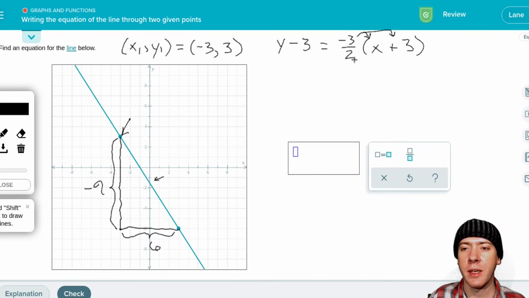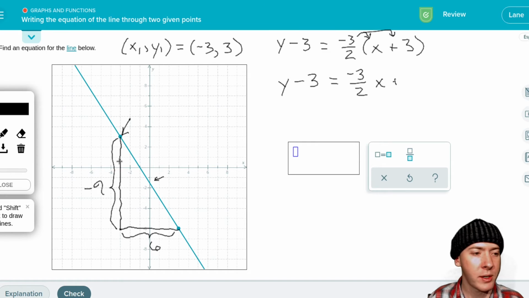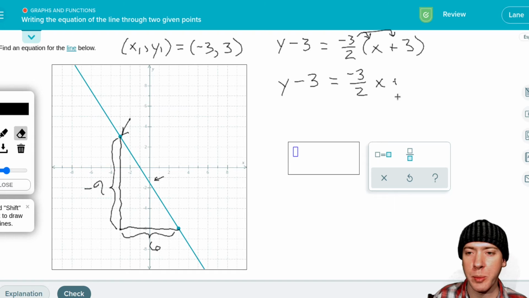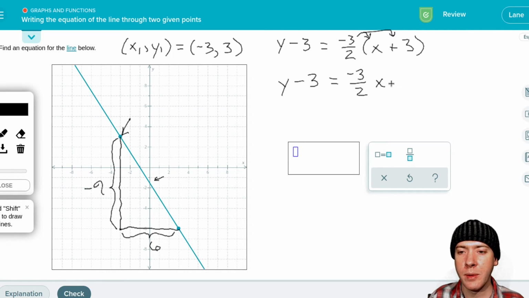So we're going to multiply that -3/2 by the x and the 3. On the left-hand side, we'll just have y minus 3. On the right, we're going to have -3 over 2 times x. And this next term is going to be negative, right? So I should put a subtraction sign here because we're multiplying the negative fraction by the positive number 3. And we just multiply the top numbers, right? So this is -9 over 2.